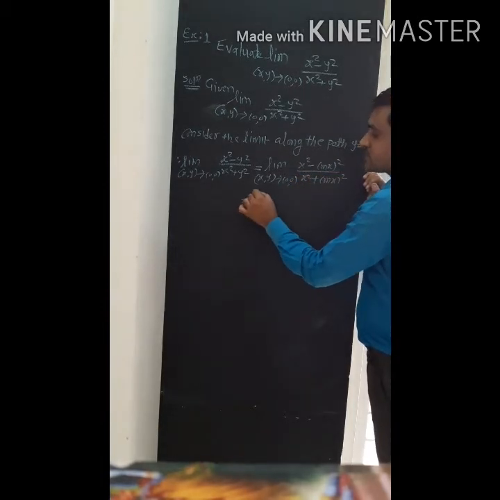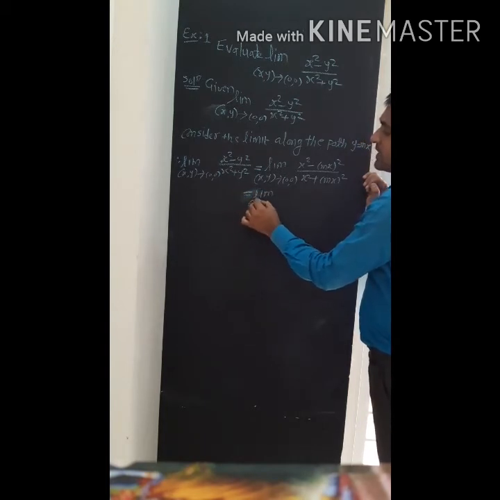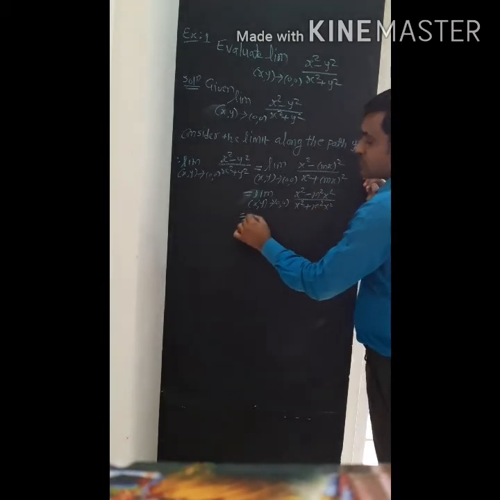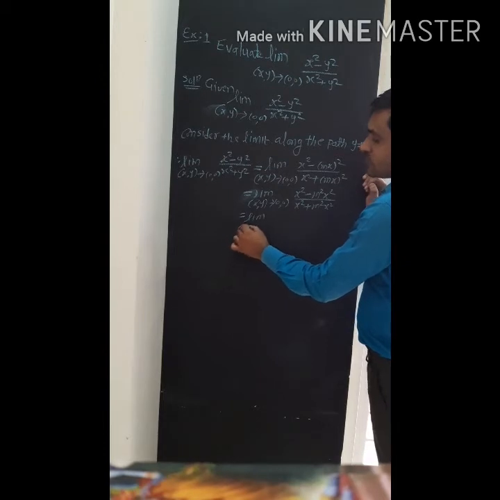So this limit becomes limit (x,y) tends to 0 of x square minus m square x square upon x square plus m square x square. Now in the next step we can take out x square as common from numerator and denominator.